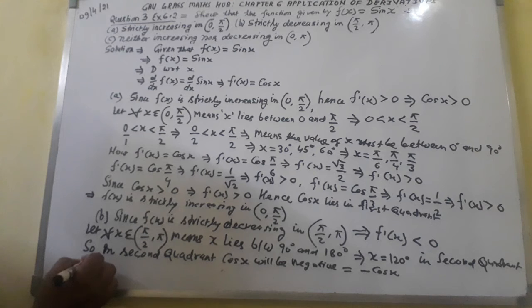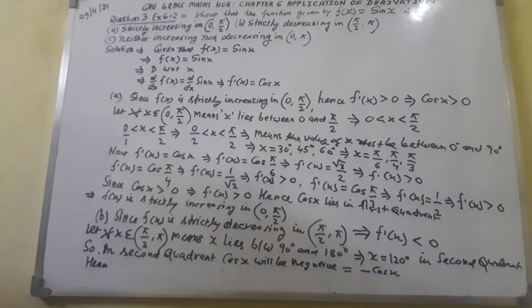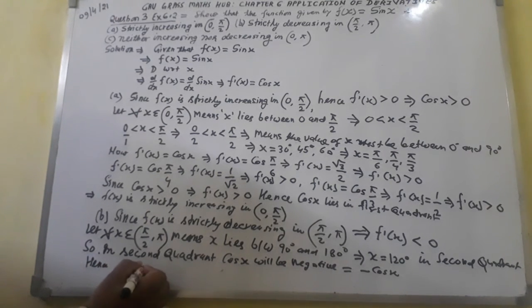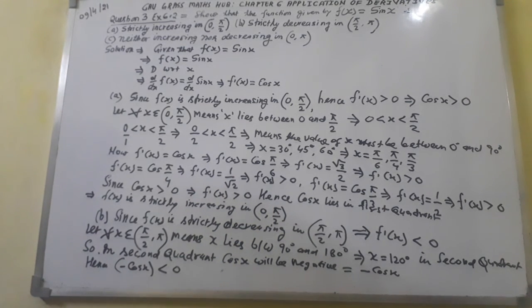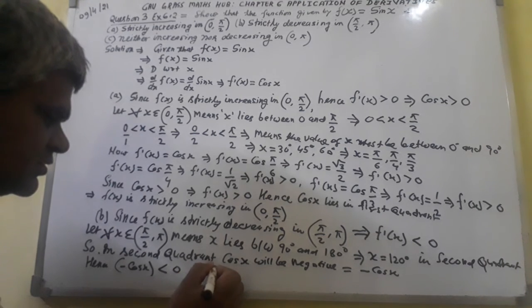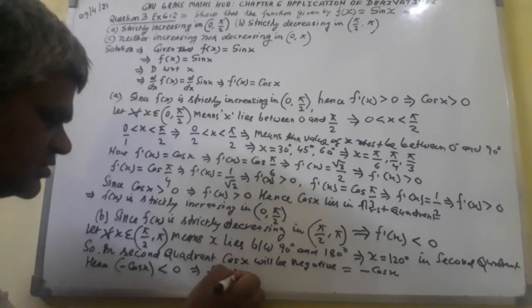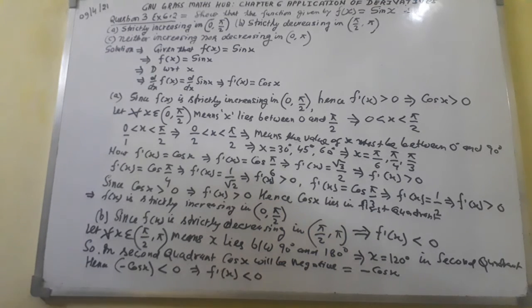Hence, minus cos x is less than 0. Minus cos x will be less than 0, implied that f dash x will be less than 0.